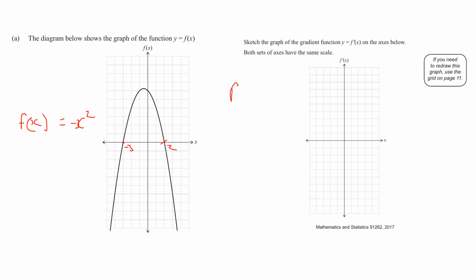So f prime of x is equal to minus 2x, which is also our function y. So y is equal to minus 2x, and we've been asked to plot, or sketch it rather. So we're going to do that.